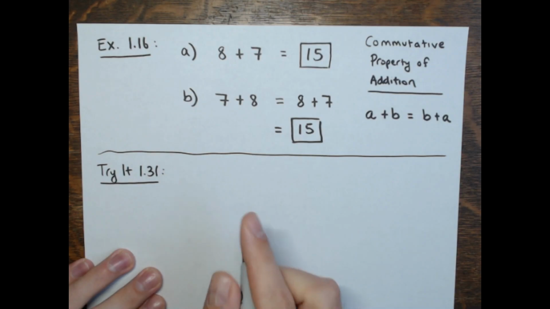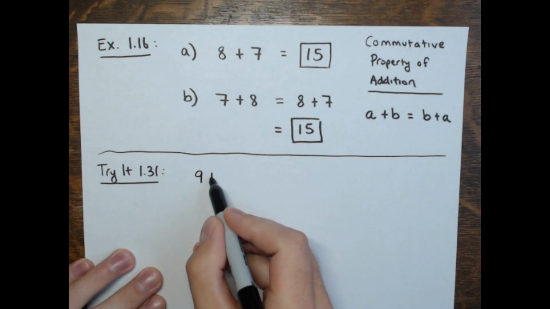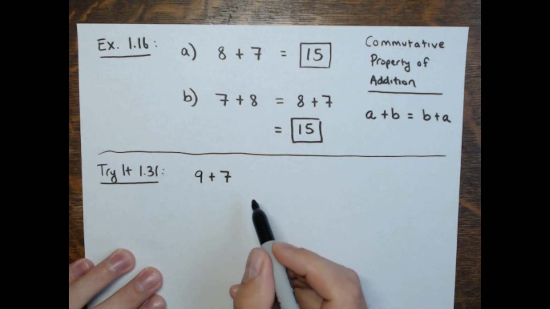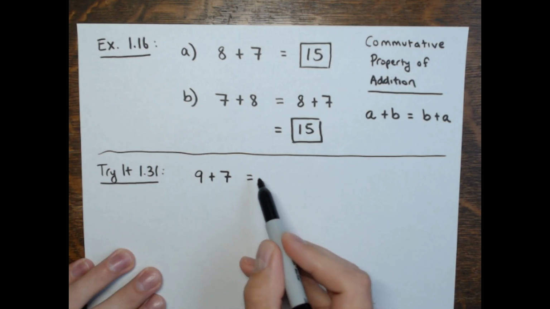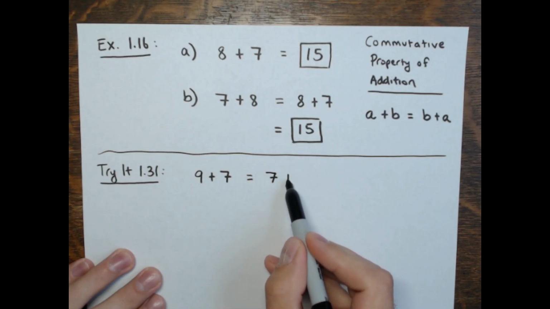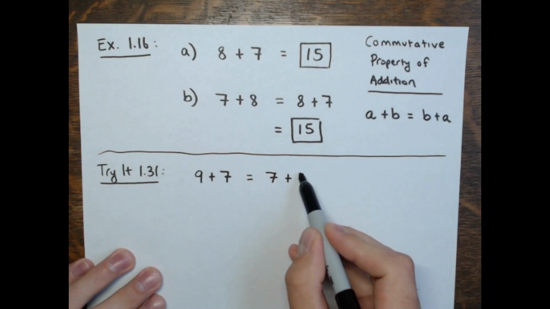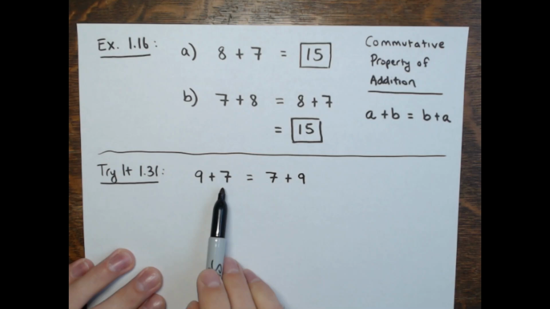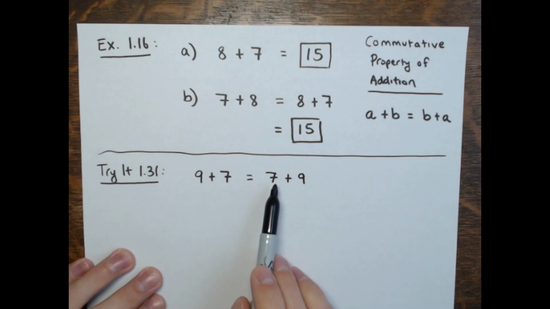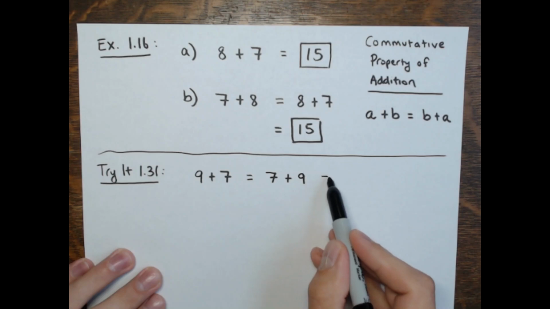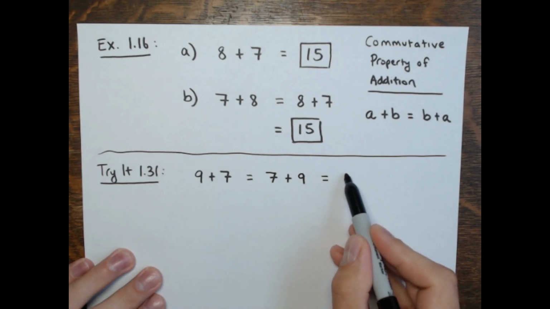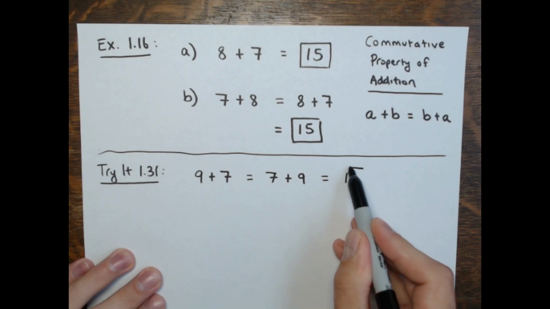And we're asked to add 9 plus 7 and 7 plus 9. But those should be the same, according to this commutative property of addition, right? 9 plus 7 should be equal to 7 plus 9. And no matter how you add those, you will end up with 16.